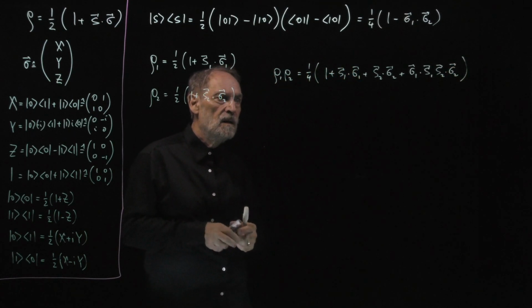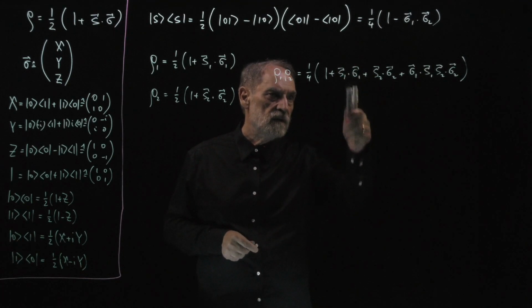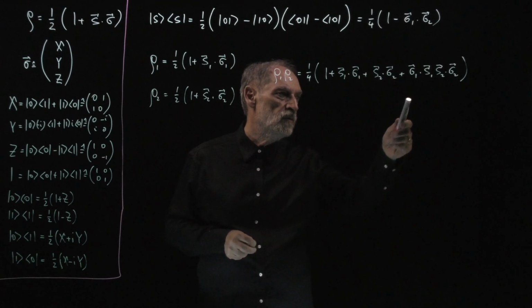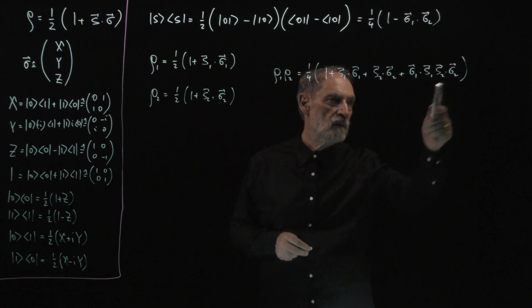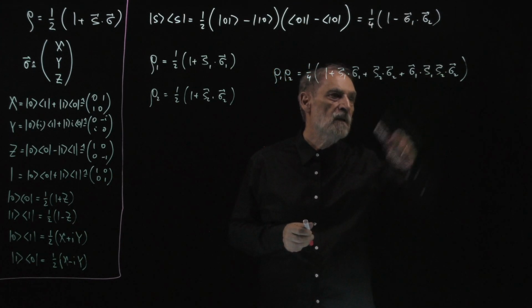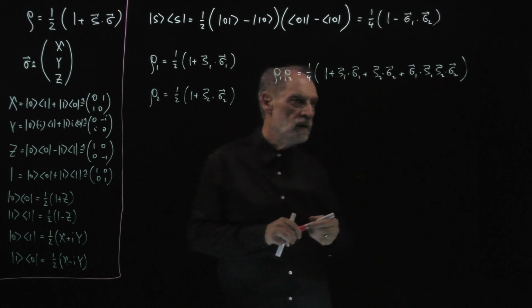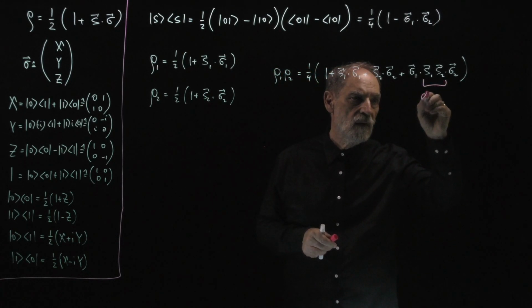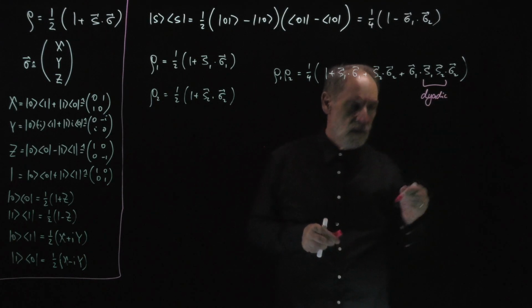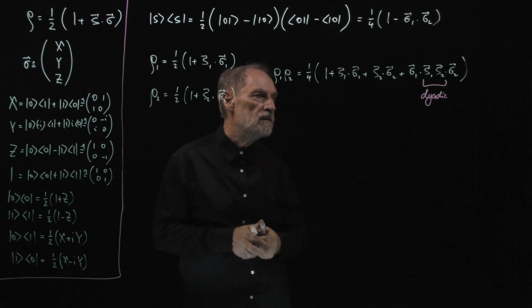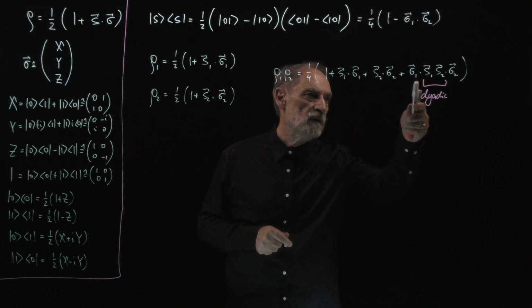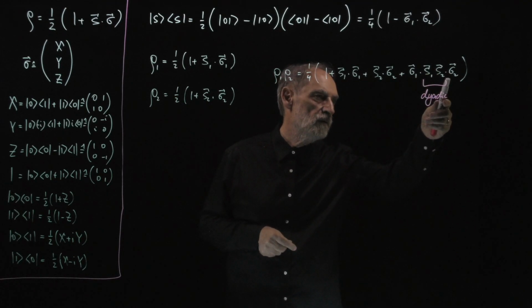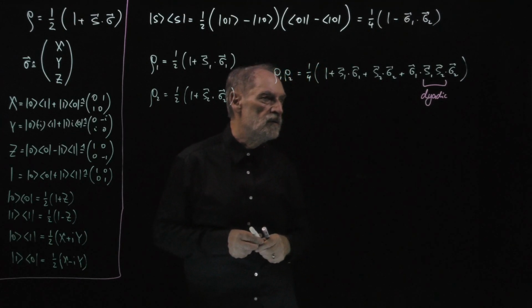So it's a term that only involves sigma 1, a term that only involves sigma 2, and a term that has the sigma 1 and the sigma 2, and in between something that has the structure of a dyadic. A dyadic is like a double vector: a vector on the left that you can dot into sigma 1, but also a vector on the right that you can dot into sigma 2.